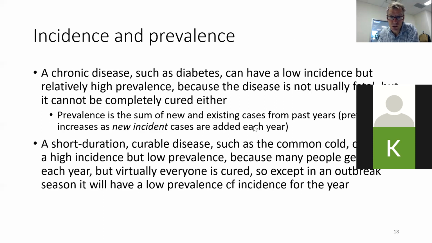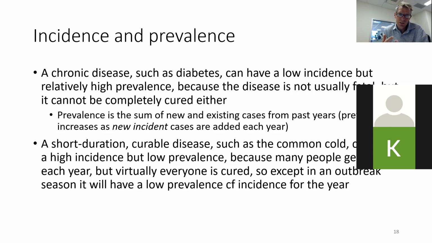When you've got a chronic disease like diabetes, for example, it's relatively uncommon to have a new diagnosis of diabetes, but if you look in a population, there might be quite a bit of diabetes there, because it's a chronic disease. If you've got a disease that has a high attack rate, like influenza, then you should be looking at the incidence of influenza, the number of new cases of influenza.